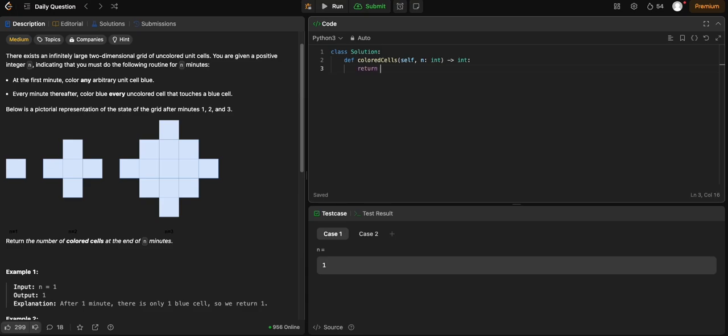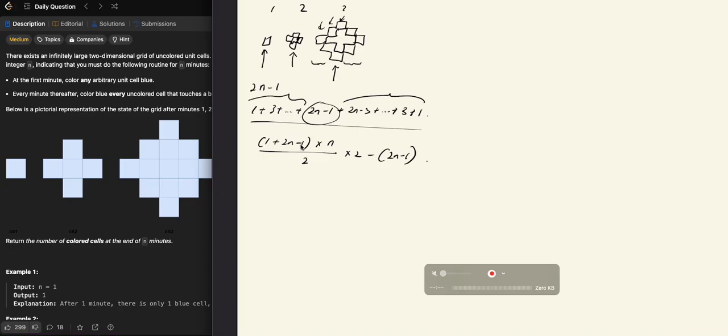So that means we want to return, well, it's actually just 2 times n. Because here we have 1 minus 1 and we have 2n, so it will be n squared. This gets cancelled out.